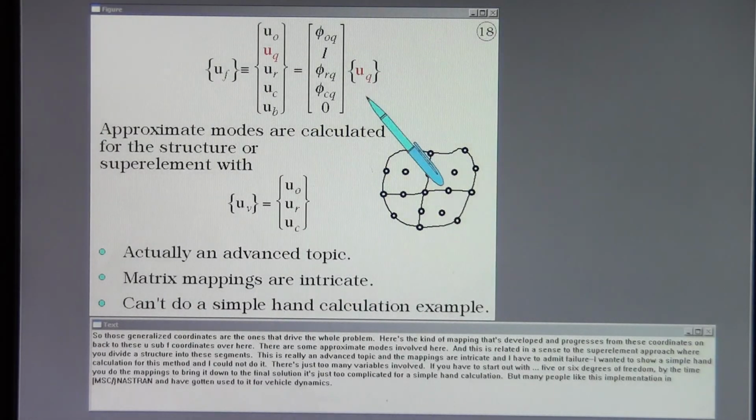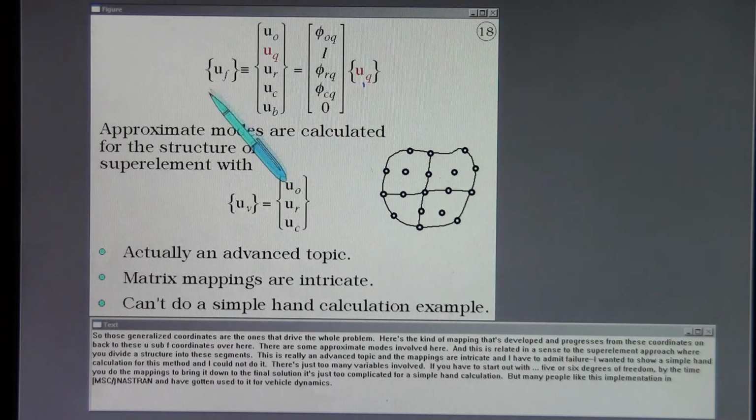Here's the kind of mapping that's developed and progresses from these coordinates on back to these U sub F coordinates over here. There are some approximate modes involved here, and this is related in a sense to the super element approach, where you divide a structure into these segments. This is really an advanced topic, and the mappings are intricate, and I have to admit failure.